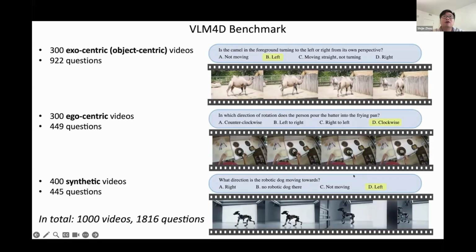Here is a glance at how the data and the questions look in our dataset. Every question is a multiple choice problem. In terms of the video sources, there are 300 exocentric videos in the real video data, which means object-centric, third-person perspective videos.